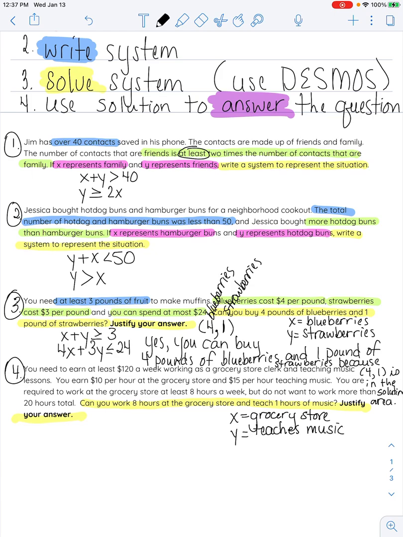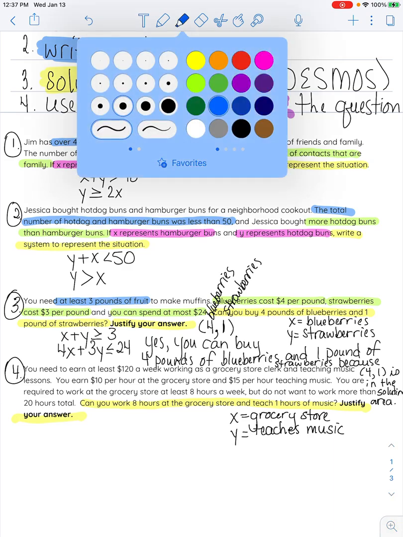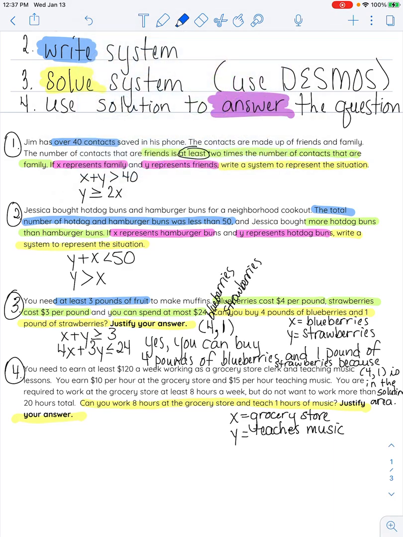So let's go through and write our system. You need to earn at least $120 a week working at your 2 jobs. So here's the thing. At least means greater than or equal to $120.